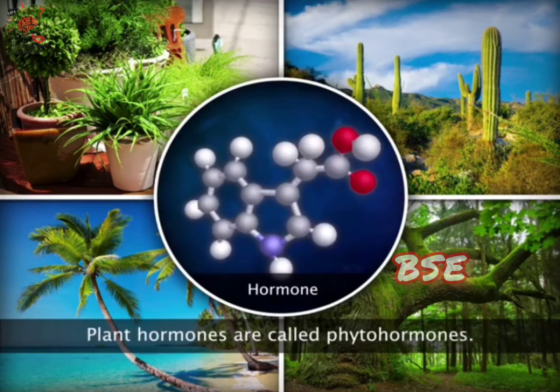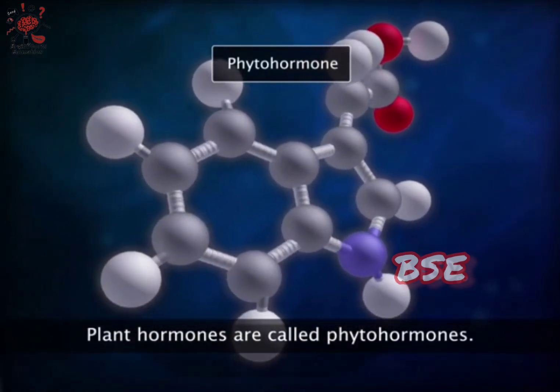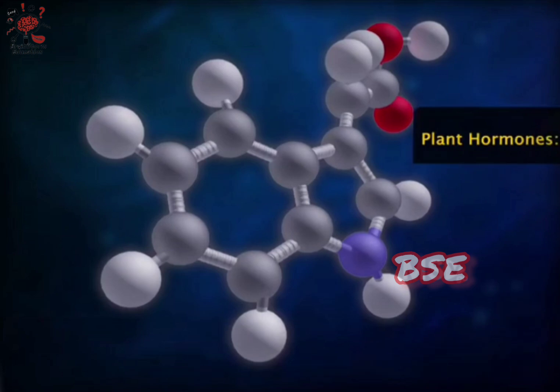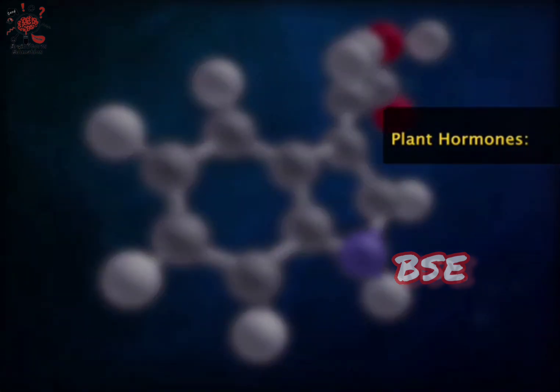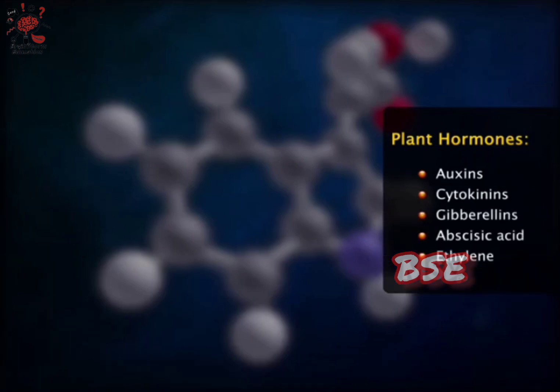Hormones synthesized by plants are called phytohormones. They control the growth and development of plants. Plant hormones belong to 5 major classes: auxins, cytokinins, gibberellins, abscisic acid, and ethylene. Let's learn more about each one of them.